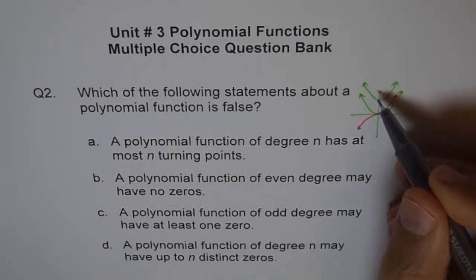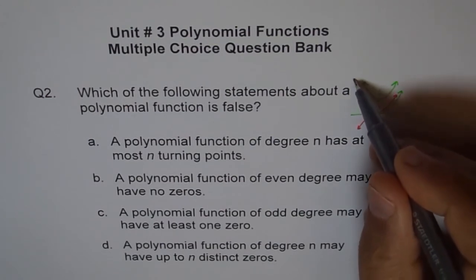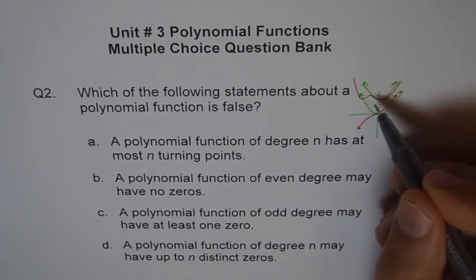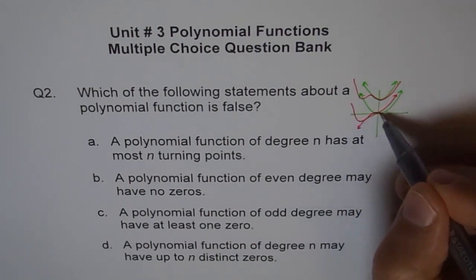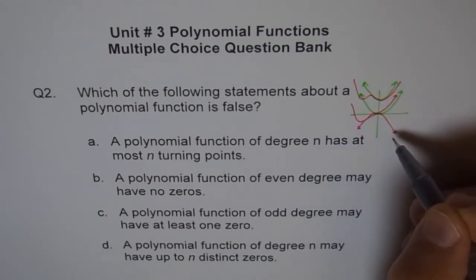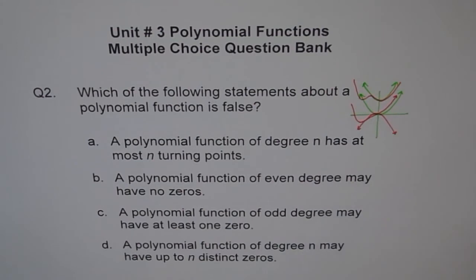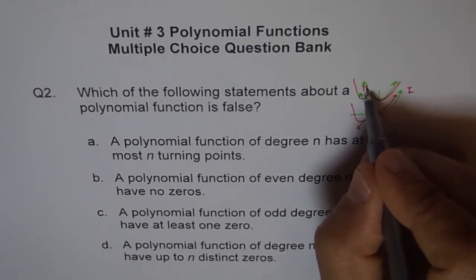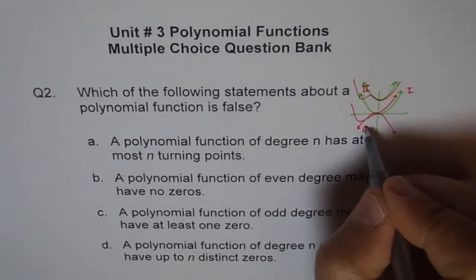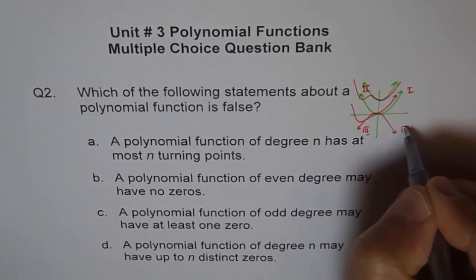An even degree function may not have any, correct? For example, think about this. It may not have any. But here, any function will have. They have to cross the line because they are going into opposite quadrants. So this is quadrant 1, this is quadrant 2, this is quadrant 3, and this is quadrant 4.